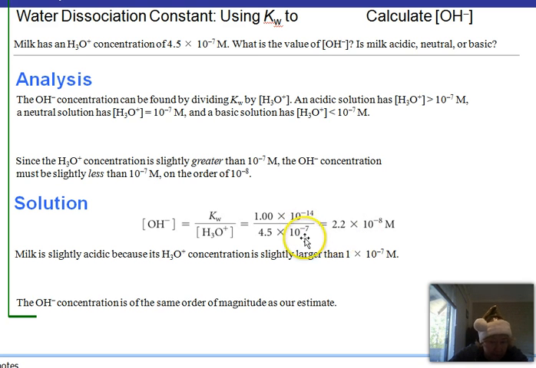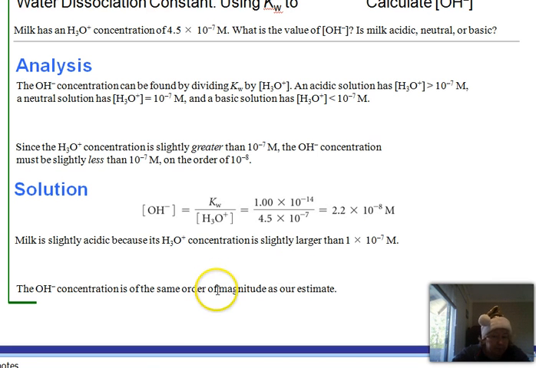Again, you have to use these fancy buttons on your calculator to get this. Now, milk is slightly acidic because the OH concentration is smaller than 1.0 times 10 to the -7. It's 2.2 times 10 to the -8, so it's acidic. Does that make sense? Let's move on.